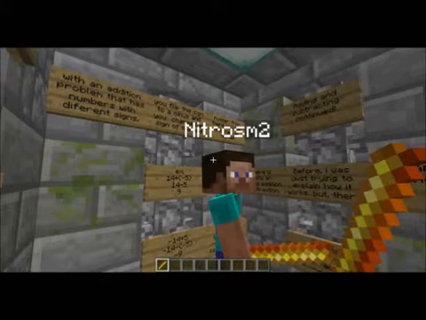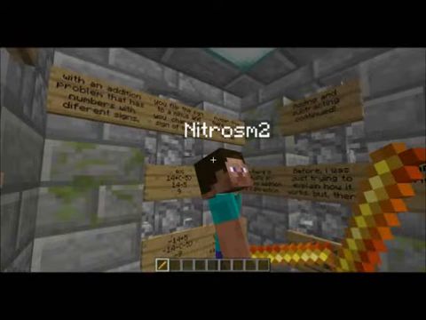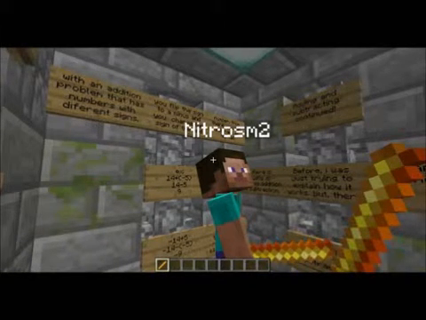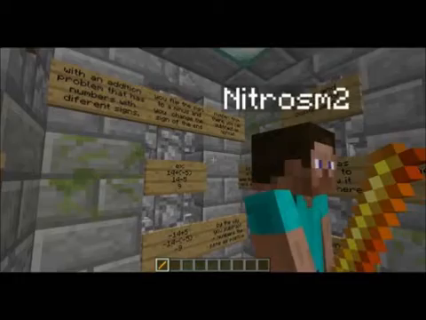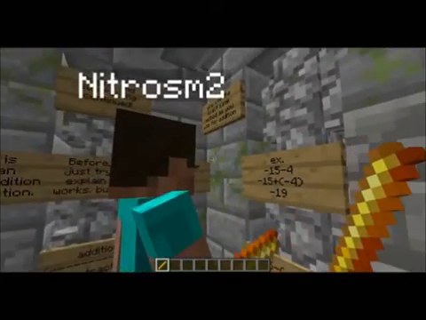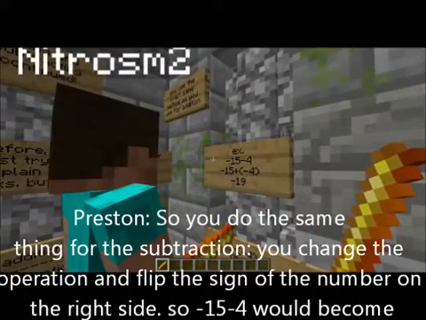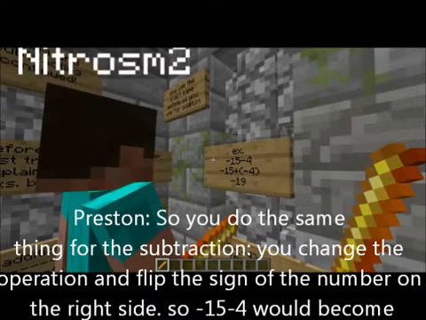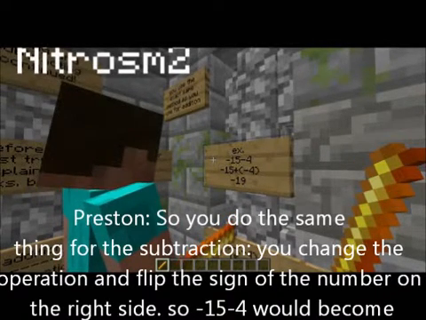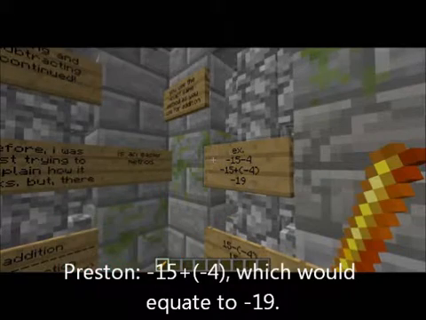And then you do it the same way for subtraction. So, negative 15 minus 4 can be changed to negative 15 plus negative 4, and then you can just think of it as 15 plus 4, and it becomes negative 9.